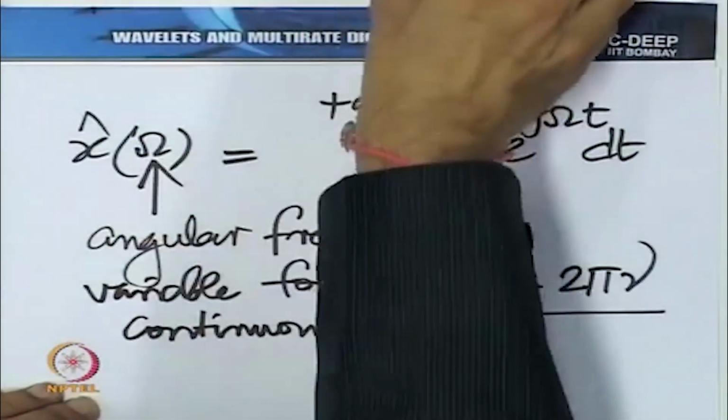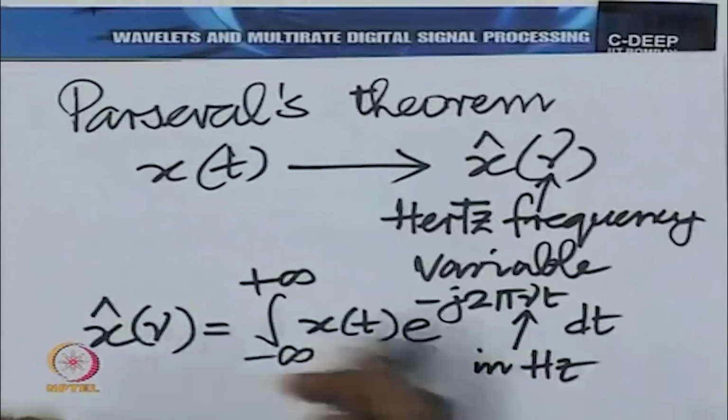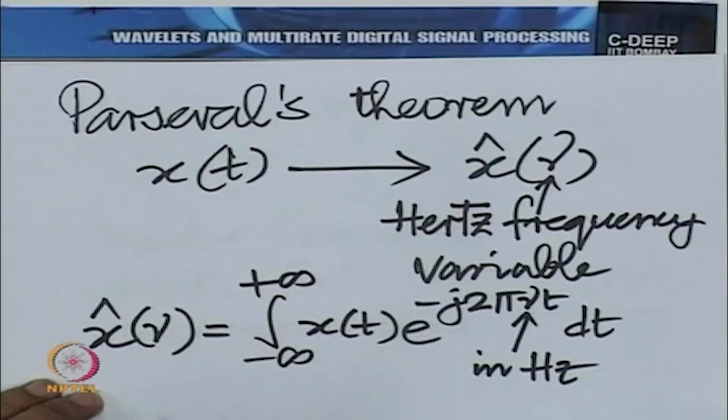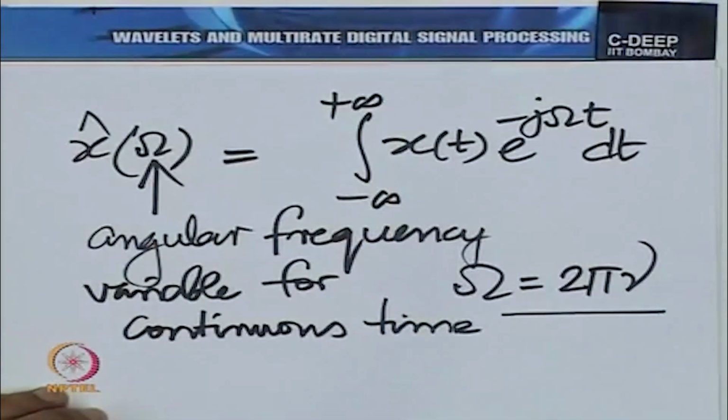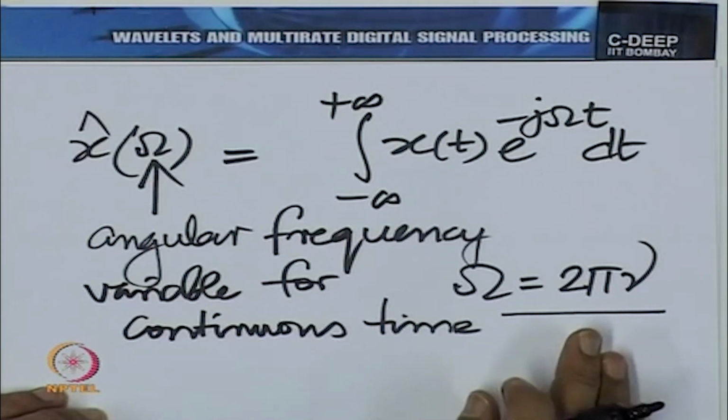Now, again, this is a little bit of abuse of notation, because I am using x cap of capital omega here and I am using x cap of nu there. And depending on the context, I must interpret either Hertz frequency in the argument or angular frequency in radians per second in the argument.